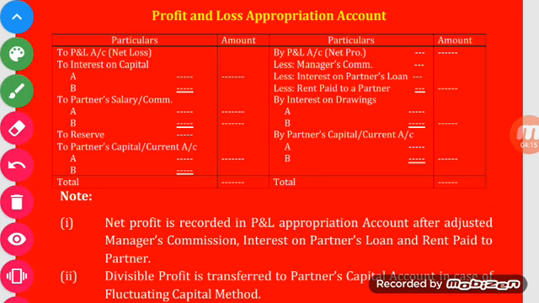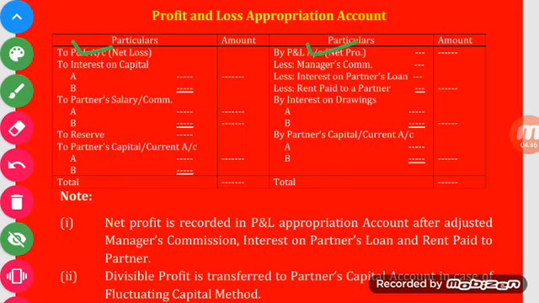First, we will write the net profit or net loss as given in the question. If net profit is given in the question, we will write it on the credit side of this account. If net loss is given in the question, we will write it on the debit side of the profit and loss appropriation account. Is it clear?